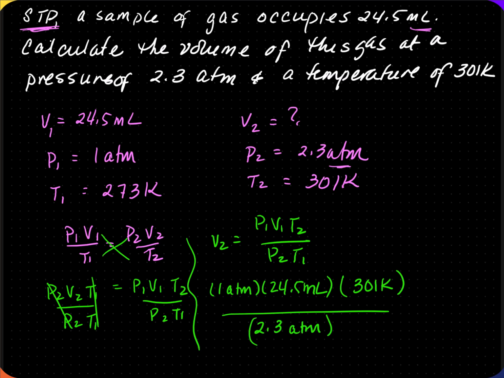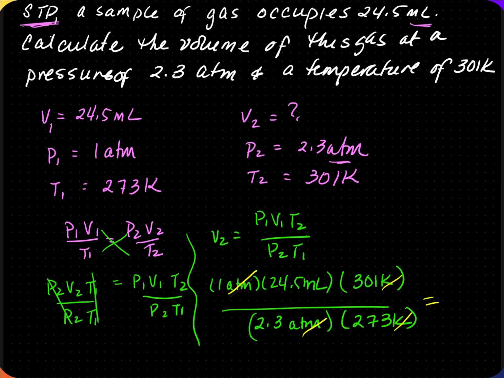Divided by the initial temperature, which is 273 kelvins. So if you look here, all the units do cancel out. We have atm on top and atm on the bottom. We have a kelvin on top and a kelvin on bottom. If you multiply all the tops and you multiply all the bottoms and divide, you should get around 11.7 milliliters, the leftover units.